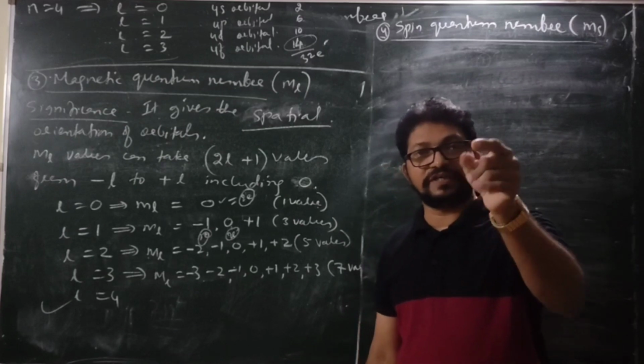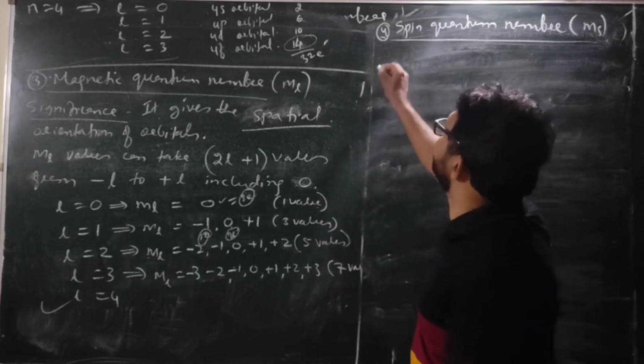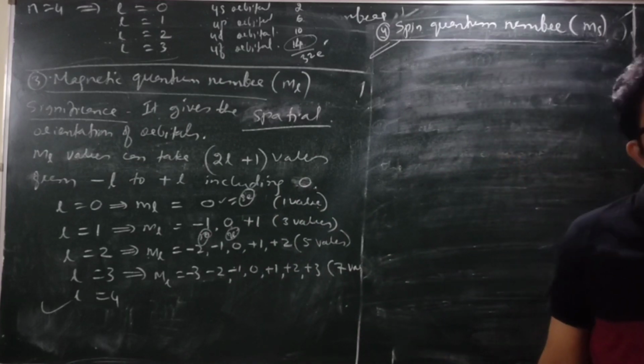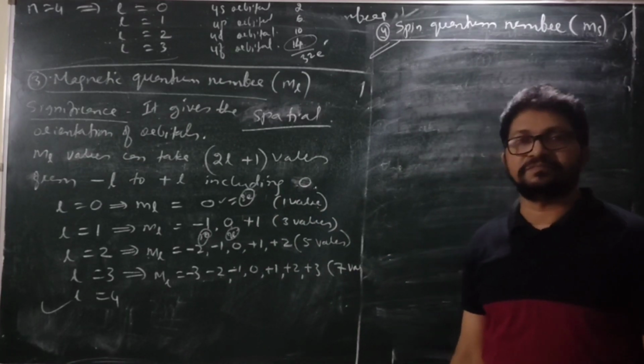Now I want to locate a particular electron. That is why I require the help of one more quantum number. What is that? Spin quantum number.